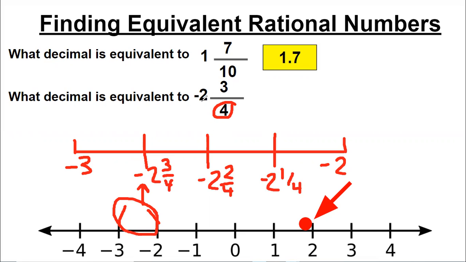But what would that be as a decimal? Remember, with the fourths, we think of quarters. This would be -2 point, how much is 1/4 worth? 25 cents. How much are 2/4 worth? Right, 50 cents. So -2.50. The 2 has to go in the front because I have a whole number 2 up here. So what would this one be? -2 point, yes, 3/4 are worth 75 cents.